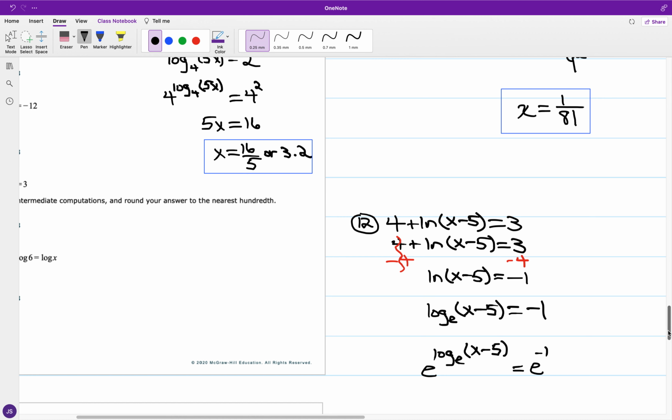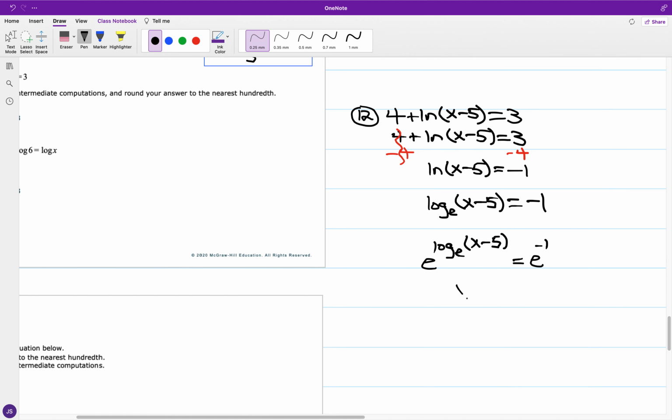So on the left, we have x minus 5. And for e to the -1, this is going to be a relatively small decimal number, a little under 0.368.